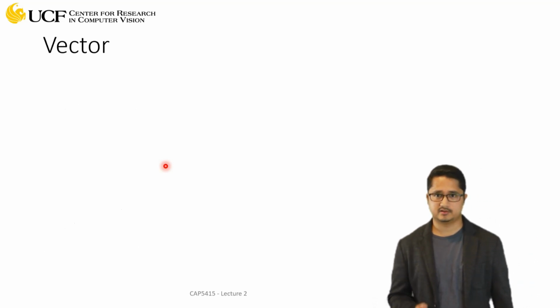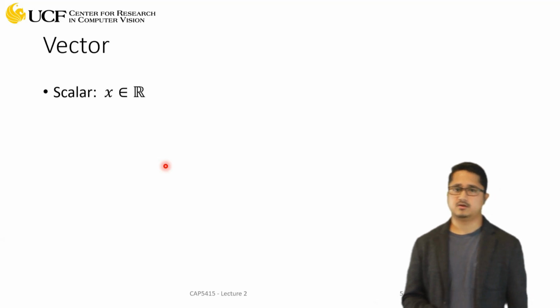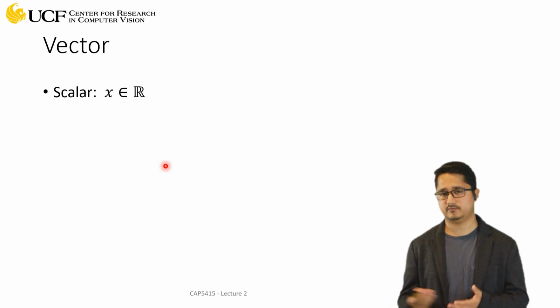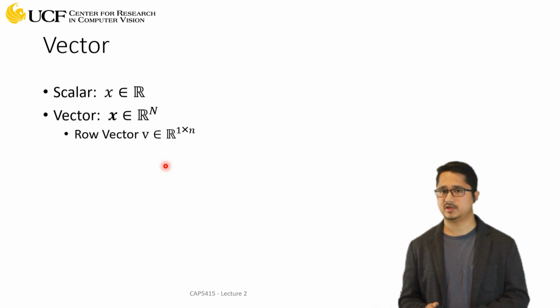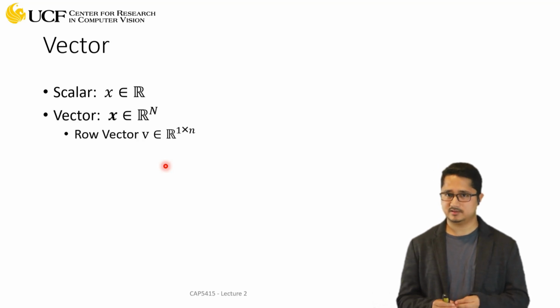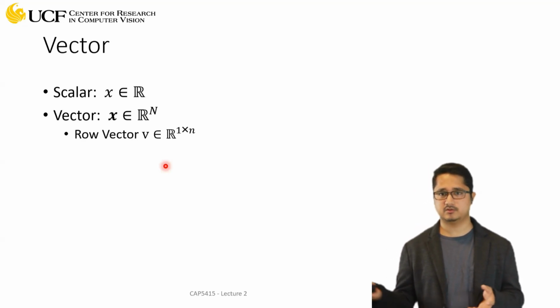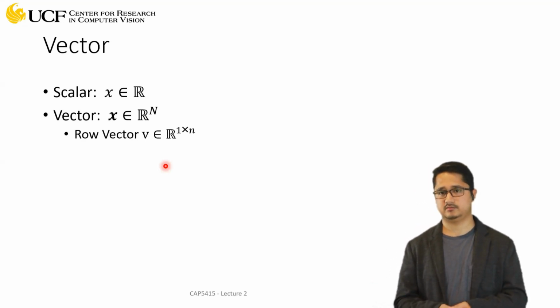Let's talk about vectors. Now, scalar, you must all know. If you don't know, a scalar is just a number from the real set. And a vector is just a list of these scalars. Let's say you have n different numbers; if you arrange them in a row, that will be your vector, all right?